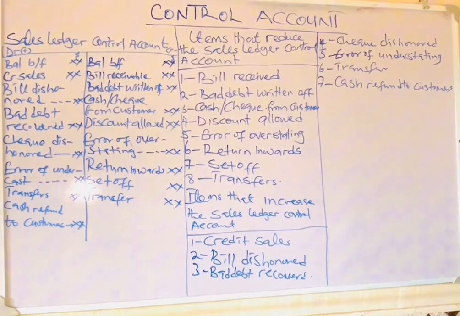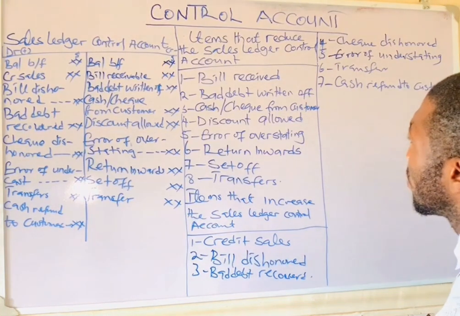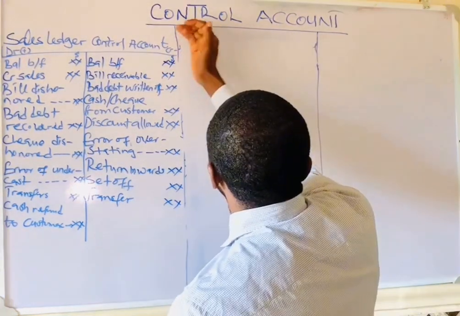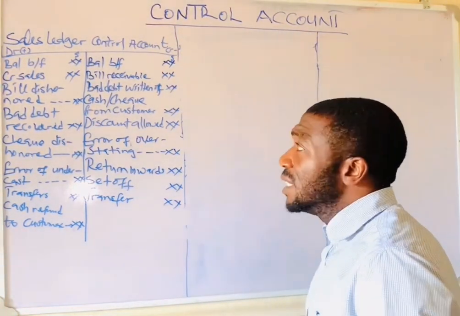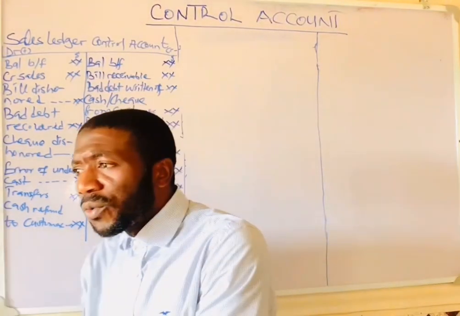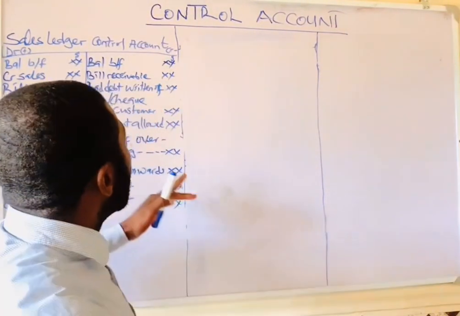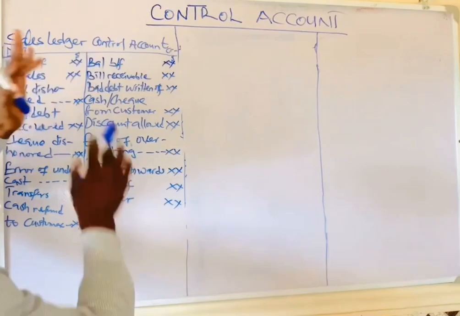Simple as that. Now, let's look at the purchase ledger control account. The purchase ledger control account is the opposite of all what you have seen in the sales ledger control account.